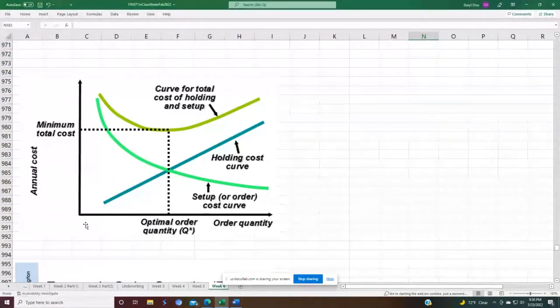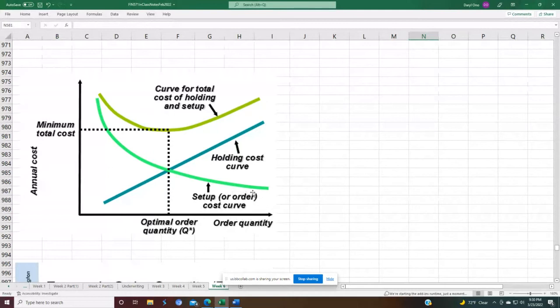And what does that mean? If you place small orders, you're only ordering 2 or 3 at a time, then that means you're going to have to place a lot of orders, and all your ordering costs are going to add up because you're ordering too small of a quantity.